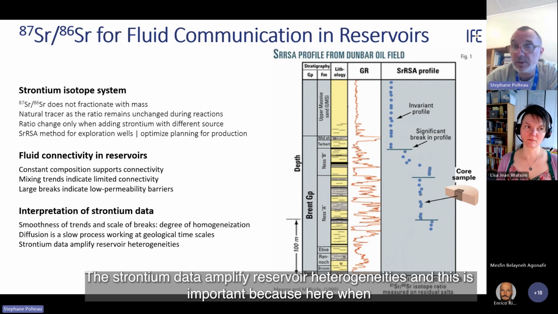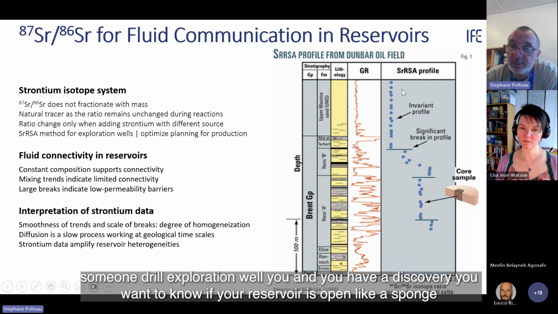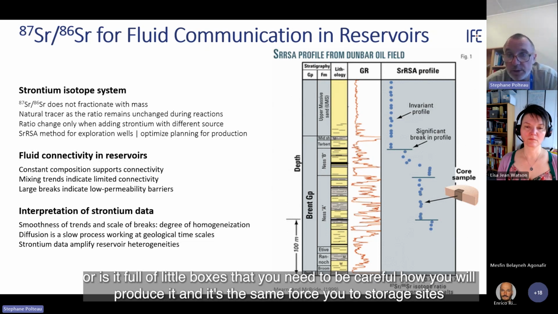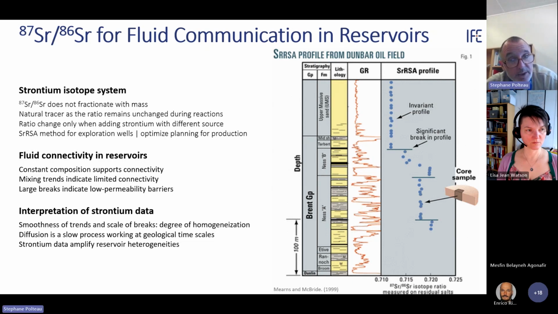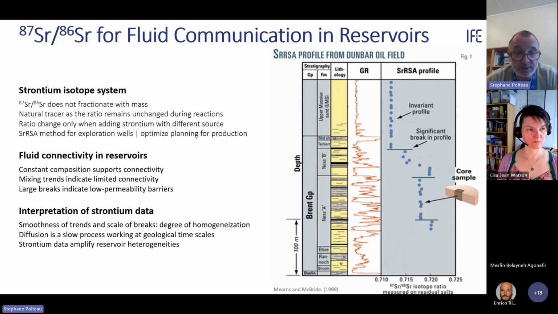And this is important because when someone drills an exploration well and you have a discovery, you want to know if your reservoir is open like a sponge, or is it full of little boxes that you need to be careful how you will produce it. And it's the same for CO2 storage sites. Can you inject into an open system, or is it all in little compartments?